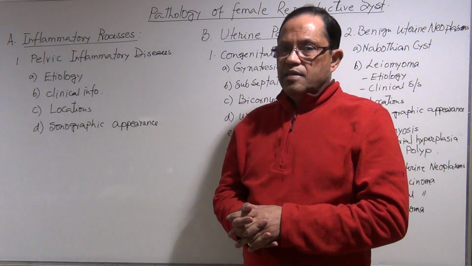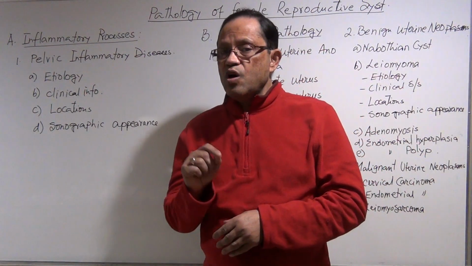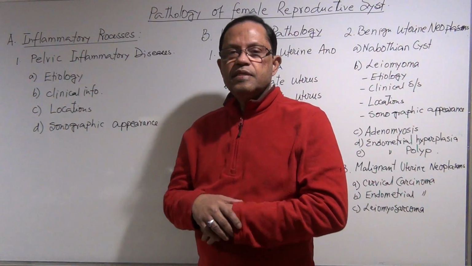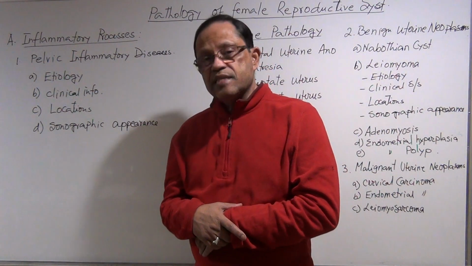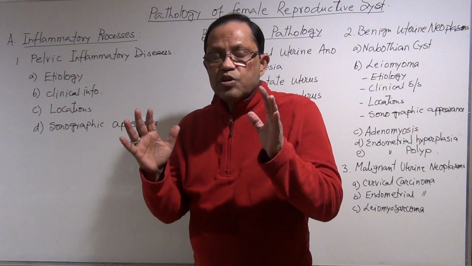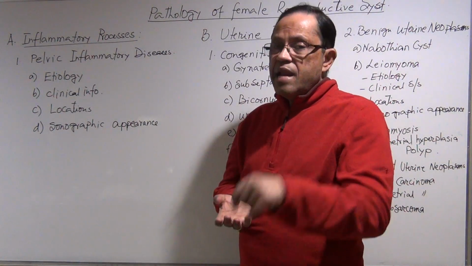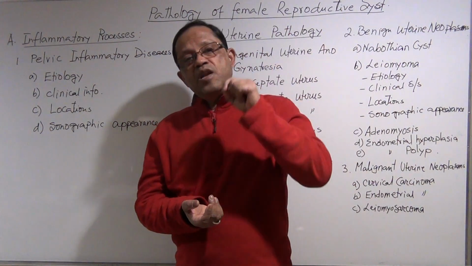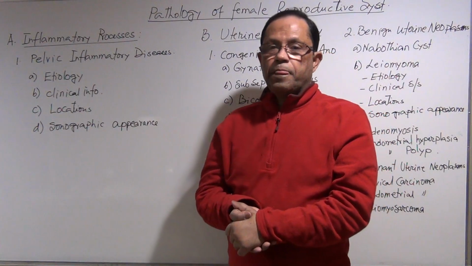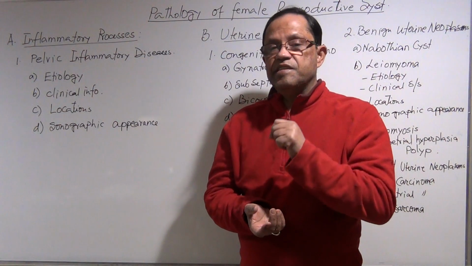PID is pelvic inflammatory disease, and the most common cause of PID is STD, sexually transmitted disease. What are the sexually transmitted diseases? Syphilis, gonorrhea, chlamydia. This is the most common cause. And PID is one of the major causes of ectopic pregnancy, and also one of the major causes of infertility for women.